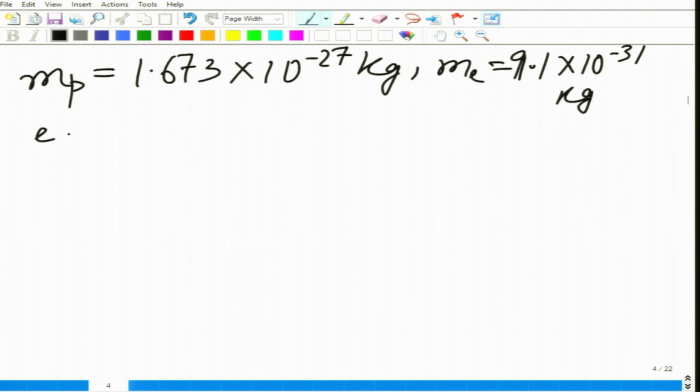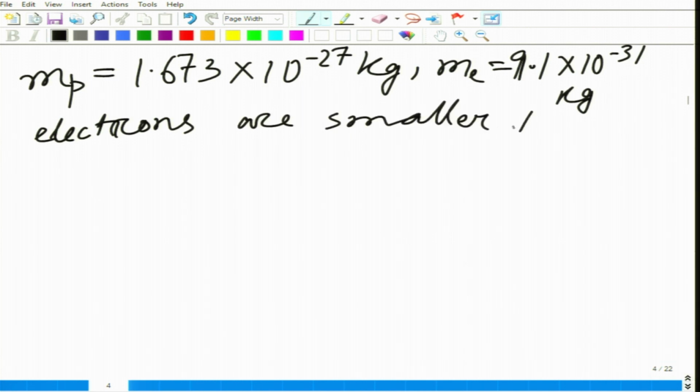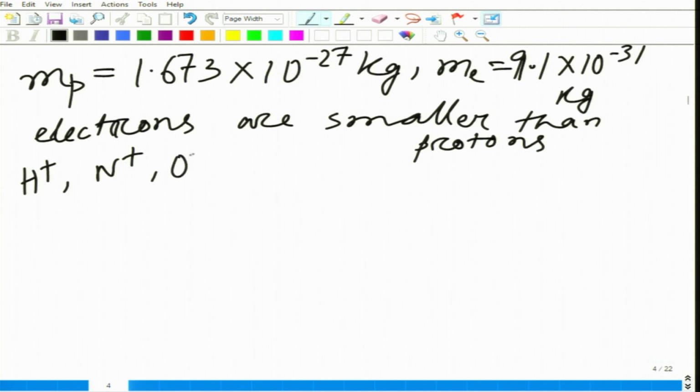So, electrons are much smaller than protons. Since protons are bigger and proton is just H+, other cations like N+, O+ were much bigger than H+ ion.